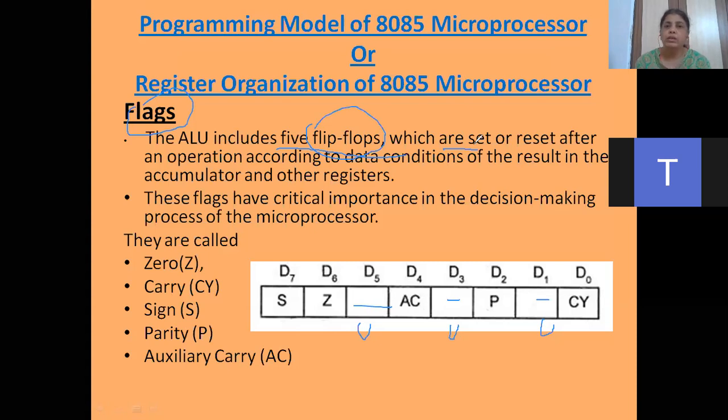Okay, so in the 8085 flag register, we have a total of 5 flags, which we call 5 flip-flops, which are set or reset after an operation according to the condition of the result stored in accumulator and other registers.